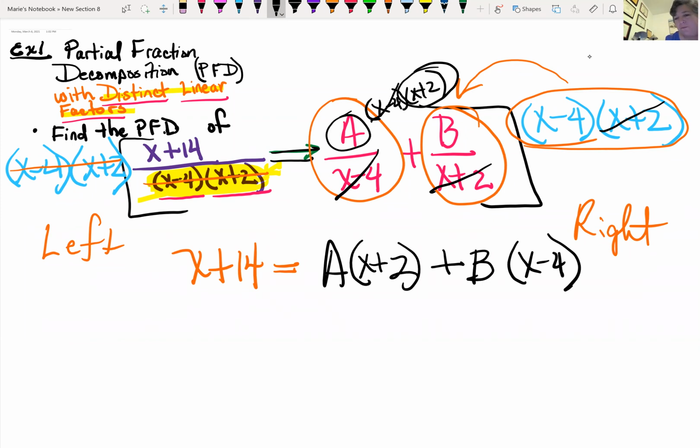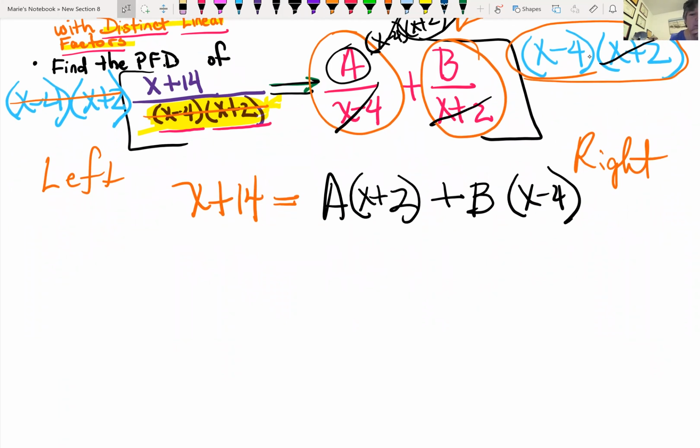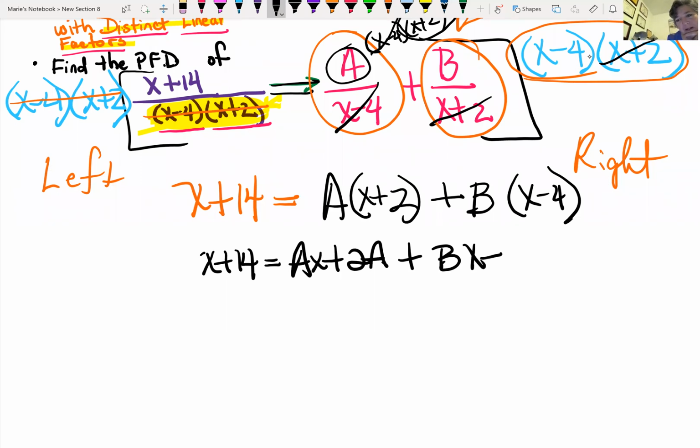And now we just solve this as a basic equation. So you'll end up with x plus 14 is equal to Ax plus 2A plus Bx minus, I guess, 4B. All right, so far so good.